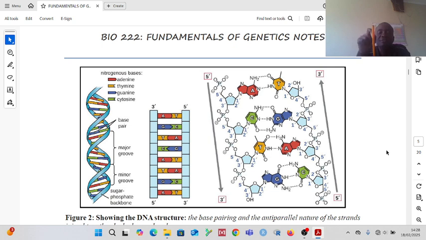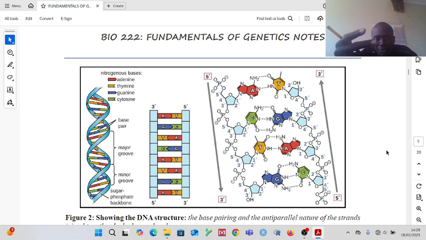But what is joining the two sides together? Those are now the hydrogen bonds. Adenine and thymine have 2 hydrogen bonds, but guanine and cytosine have 3 hydrogen bonds. Just remember that, because it will be of importance when we come to how DNA replication happens.